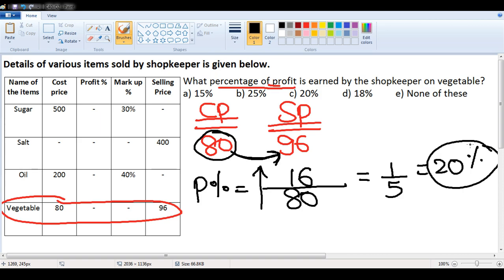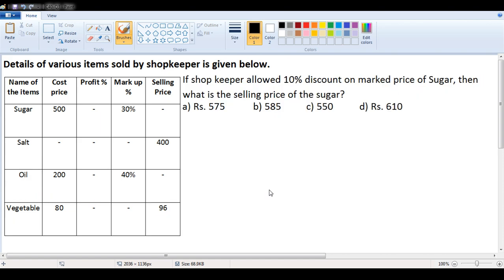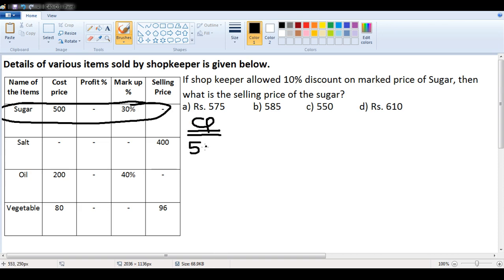Next one, third question in the caselet. If the shopkeeper allowed 10% discount on market price of sugar, then what is the selling price of sugar? They are talking about sugar. These are the values I require. Cost price is given as 500.